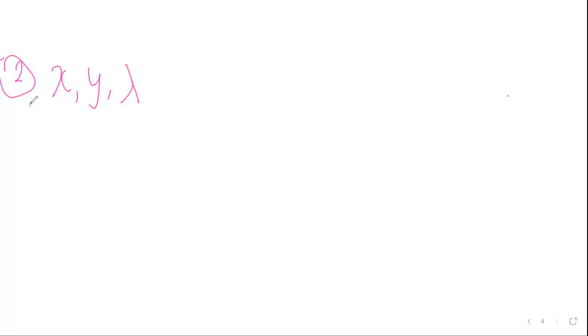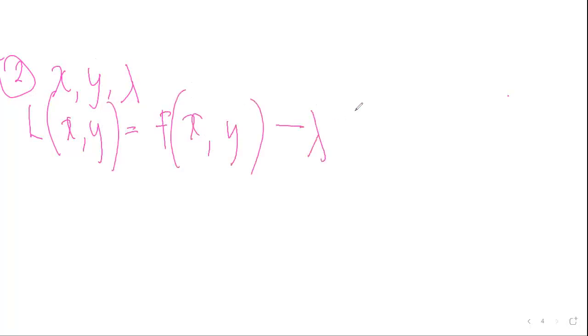We already know that our composite function is L(x, y), which is equal to f(x, y) minus lambda times g(x, y) minus the constant.